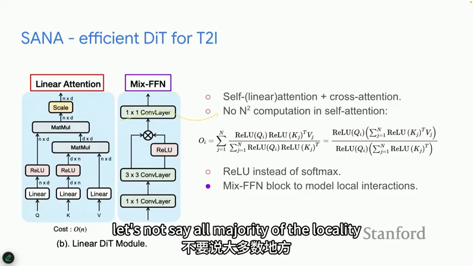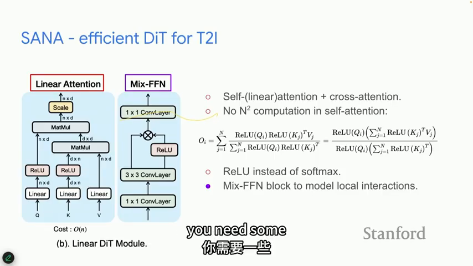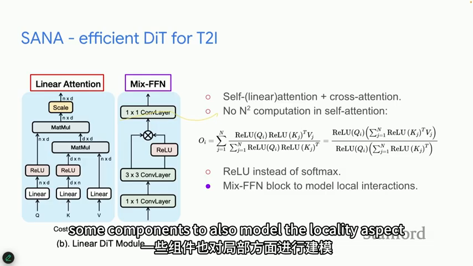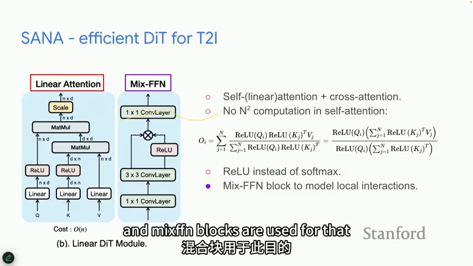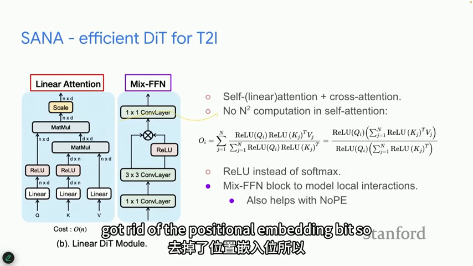Let's not say all, the majority of the locality notions are taken out. So that's why you need some components to also model the locality aspect, and Mix-FFN blocks are used for that. And for the first time, SANA got rid of the positional embedding bit.